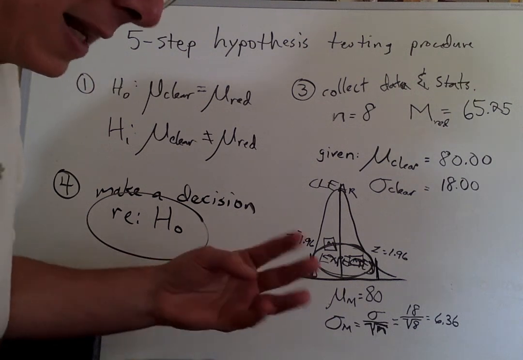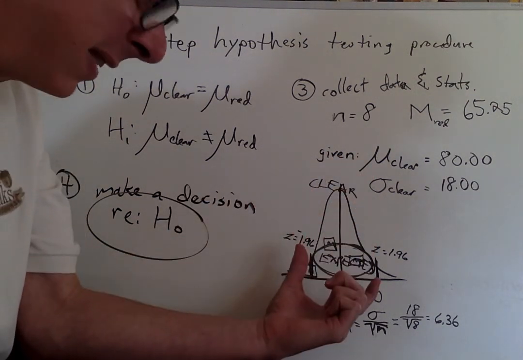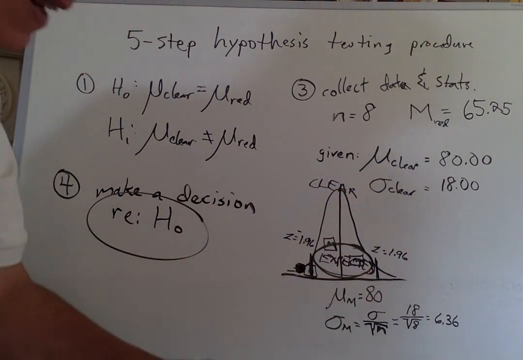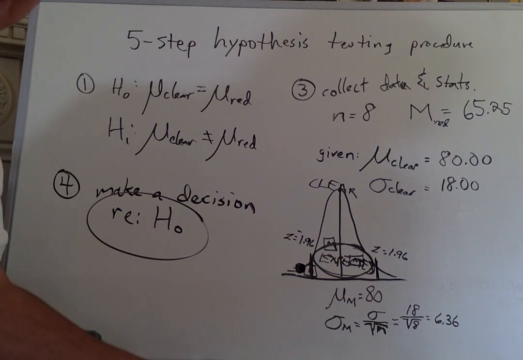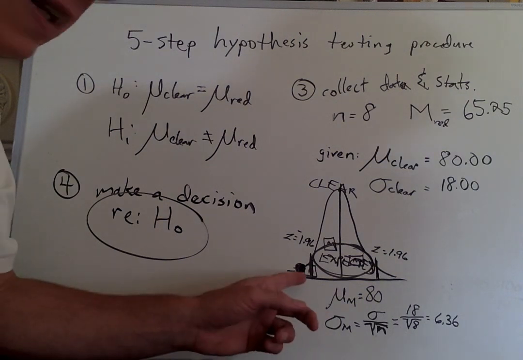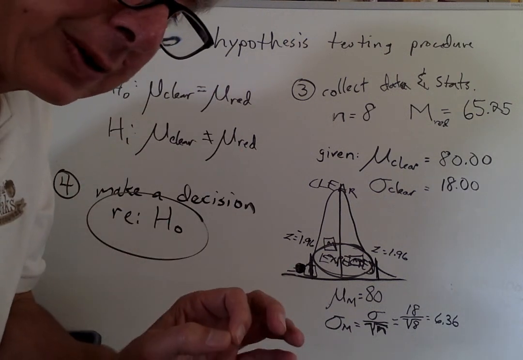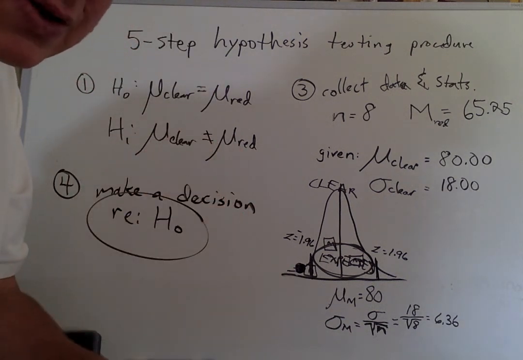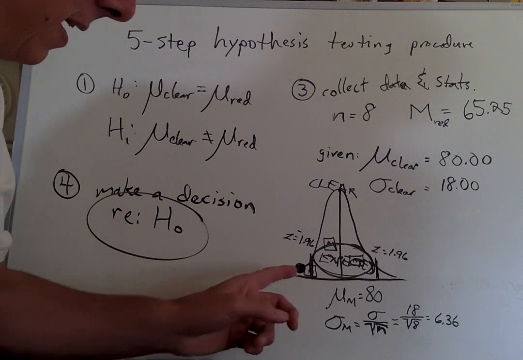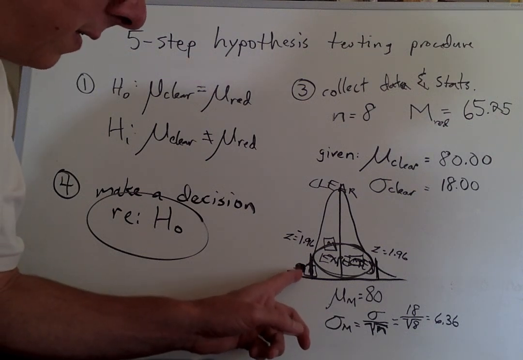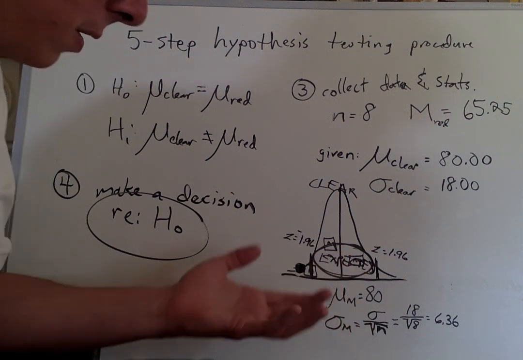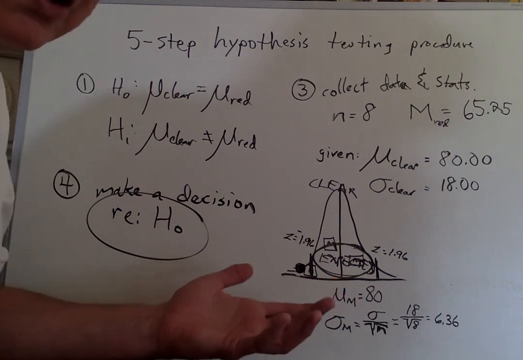Does it look like that red group belongs to this distribution? It just doesn't. If it did, it would be highly improbable. Again, talking about probabilities, not possibilities, probabilities. This doesn't look like most of the clear group.